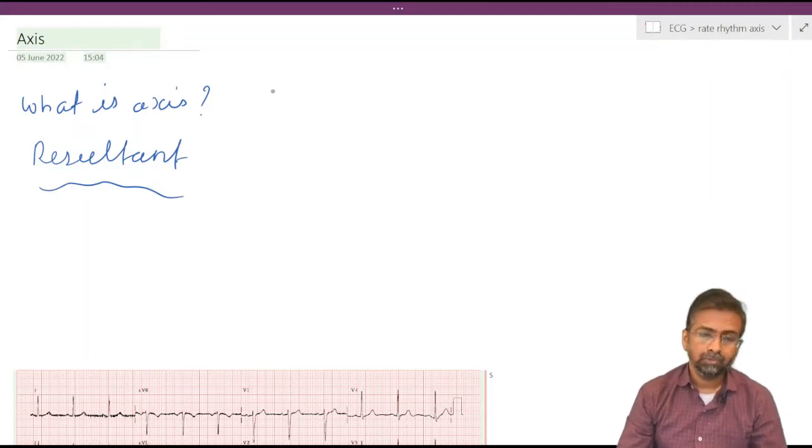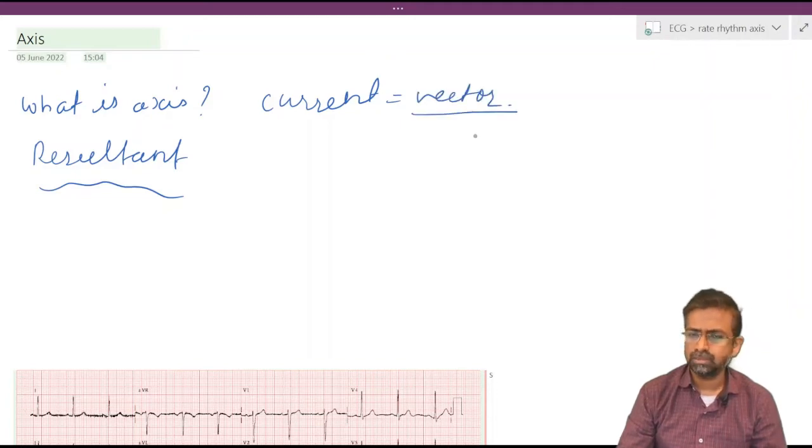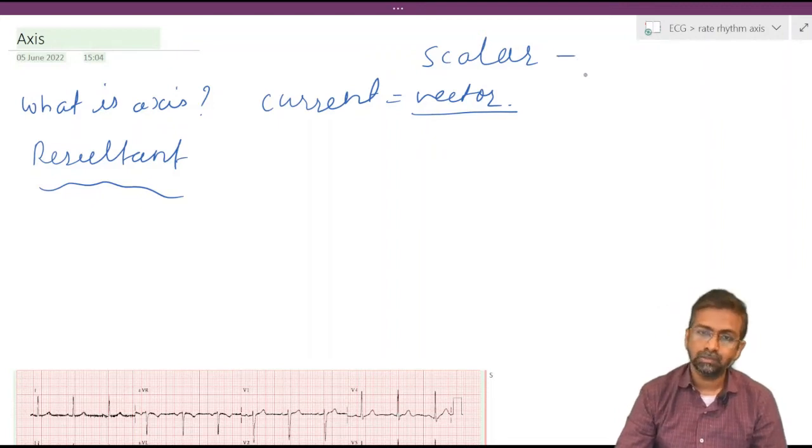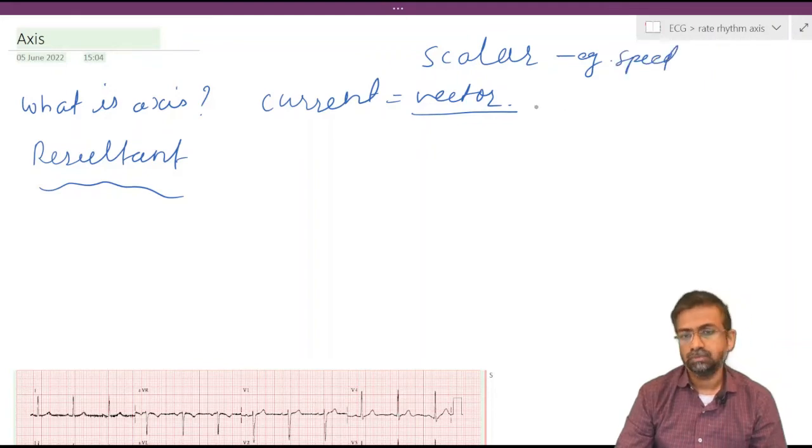In previous videos I told you that current is a vector quantity. What does it mean by vector? It has a magnitude as well as direction, a little bit of physics. There are scalar quantities which just have a magnitude, for example speed, and there are vector quantities which have magnitude as well as direction, for example velocity.